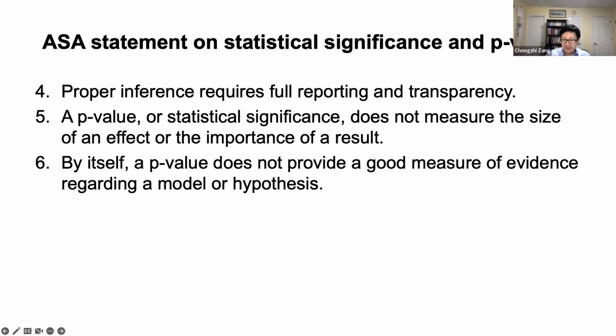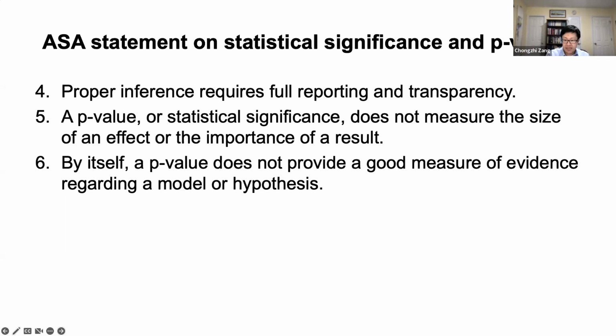But with 1,000 tosses, although the effect size is the same, the statistical significance will be very, very different, right? So that means there is a difference between statistical significance and effect size.